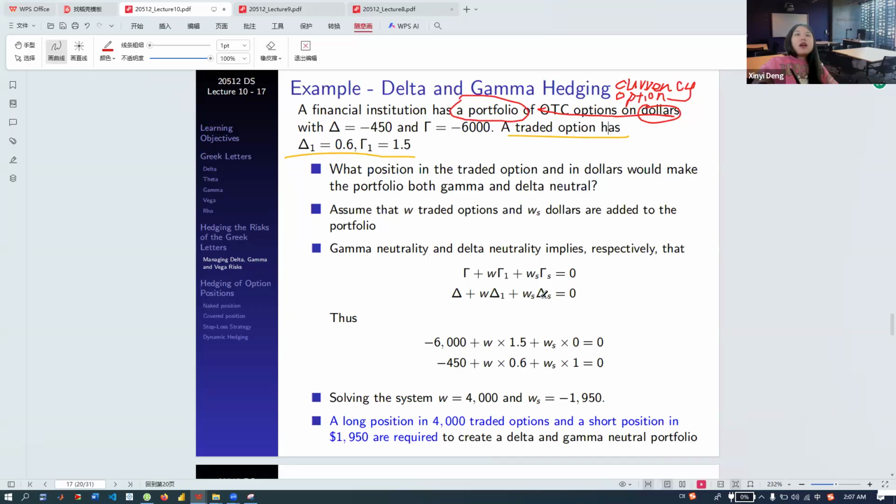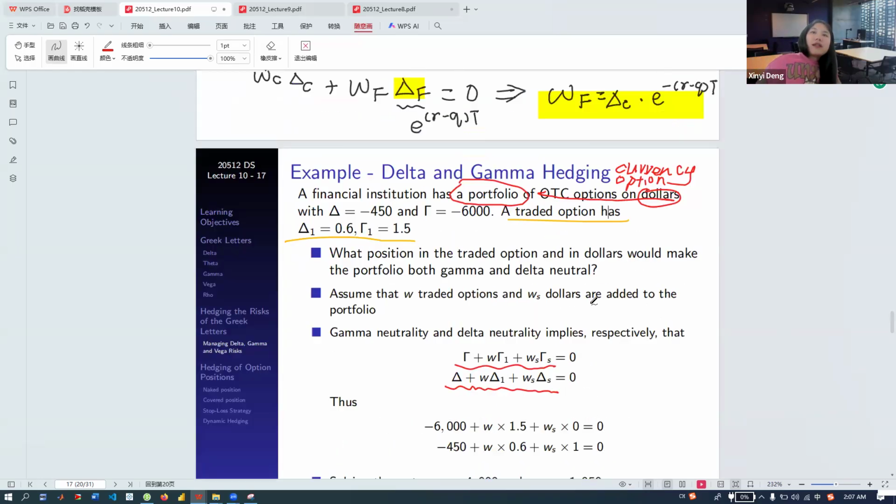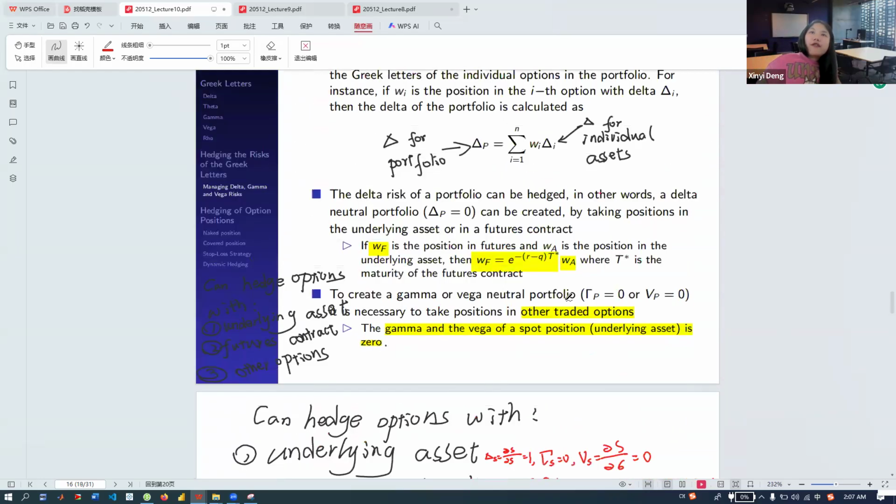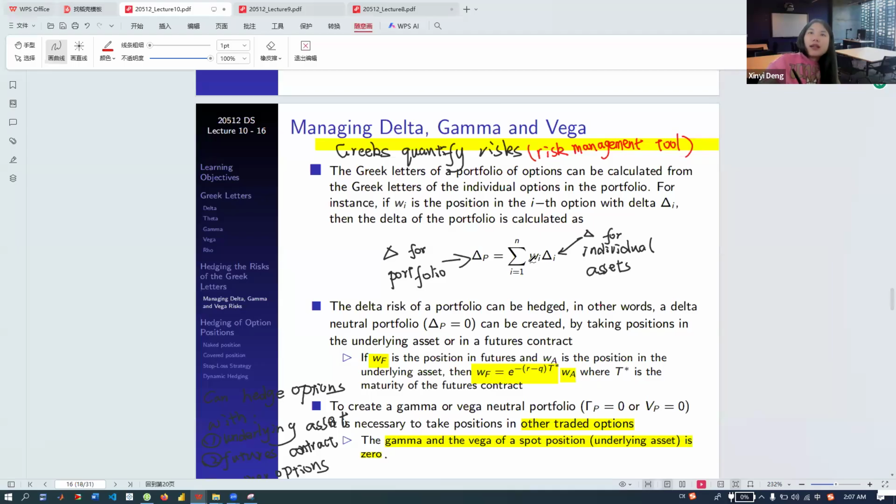So here we just let the portfolio delta and portfolio gamma equal to 0. For my previous expression, it's actually not a weighted average.